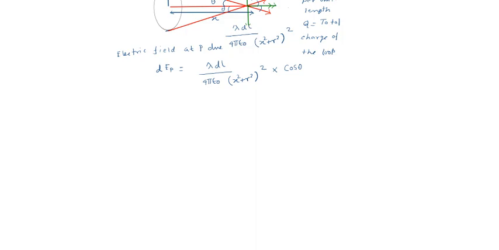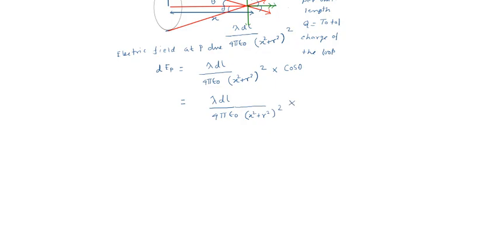If I write the value of cos theta in terms of x and r, the field will be lambda dl by 4 pi epsilon naught, divided by x square plus r square whole square, multiplied by cos theta.